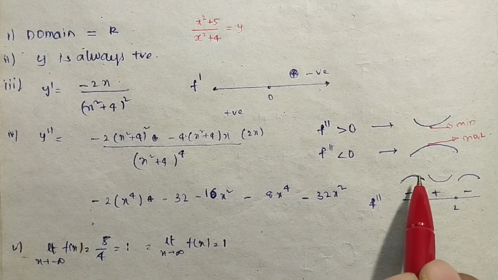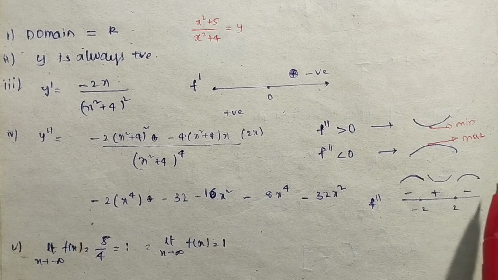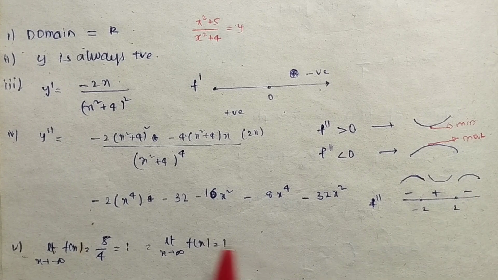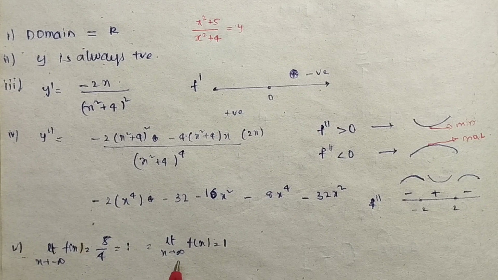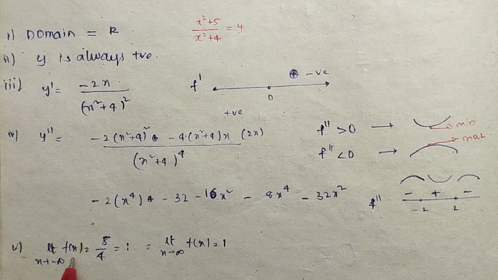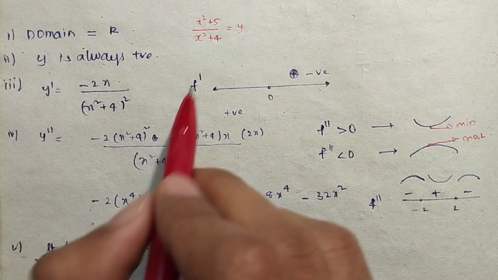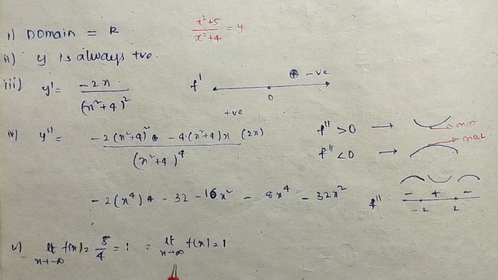That means it is concave down on both sides. Next let us find the limits at x tends to minus infinity and x tends to plus infinity. As x tends to minus infinity, we have already seen that y tends to 1, and x tends to plus infinity also, it tends to 1.